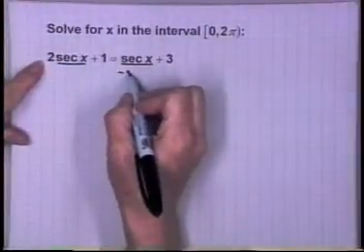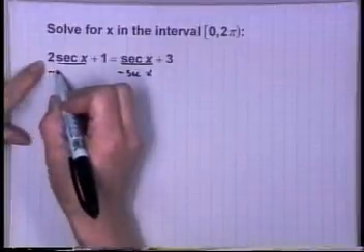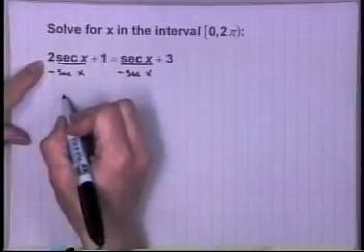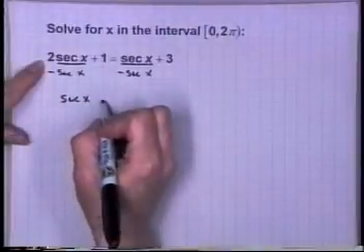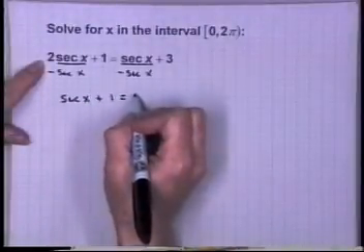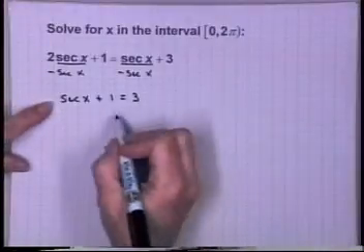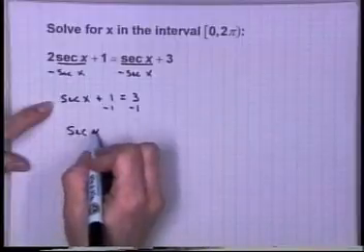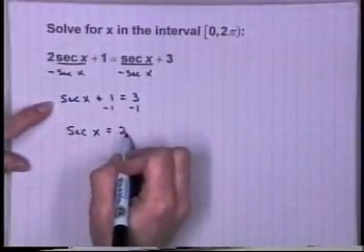So I'm going to subtract this secant x from both sides. Well, 2 secant x minus 1 secant x is secant x. And then I still have that plus 1 over here equals 3. Now we're going to subtract 1 from both sides. We have secant x then equals 2.